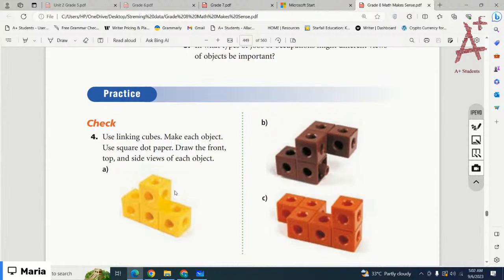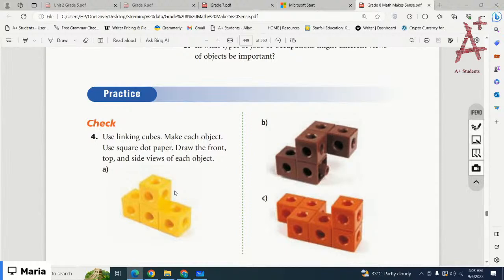So let's just start with question number 4A. You have to draw the front, top, and side views of the given object, right?